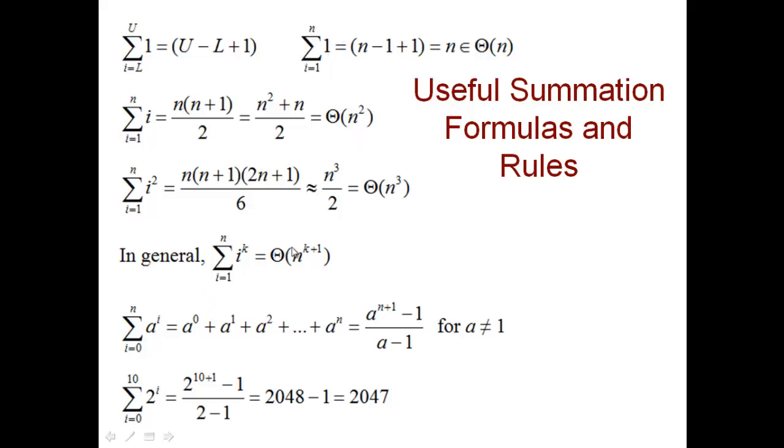So in general, we can say sigma I raised to k, I equals 1 to n, is theta of n raised to k plus 1. So one more degree, like 1 plus 1, k plus 1. Okay, so this is very useful, and we'll see some examples later. This is a very useful generalization to solve summations of this format.